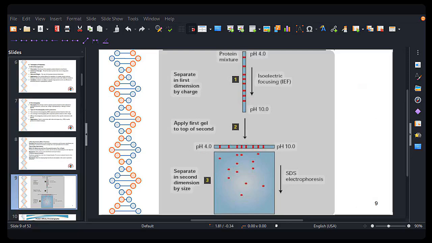What's the name of this technique? Tell me in the comment box. You are not able to identify it. It's clearly mentioned here. SDS electrophoresis.